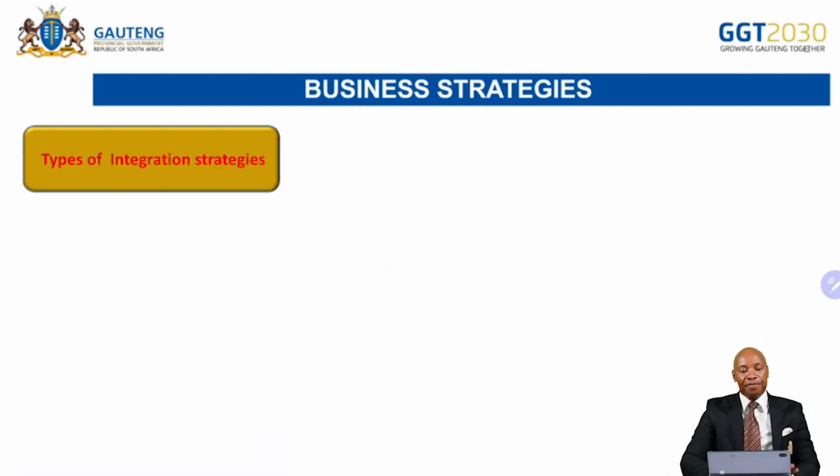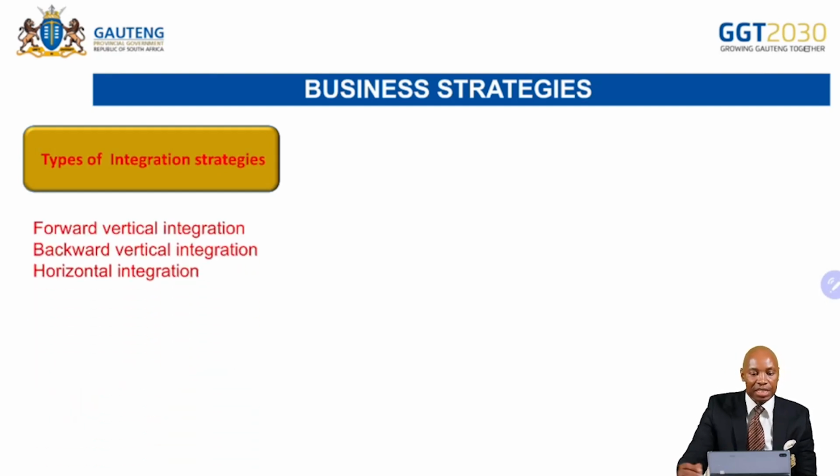Then you have the types of integration strategies. What are the types of integration strategies? Forward vertical integration, backward vertical integration, and horizontal integration. Remember, we're using these business strategies to do what? To respond to the challenges.